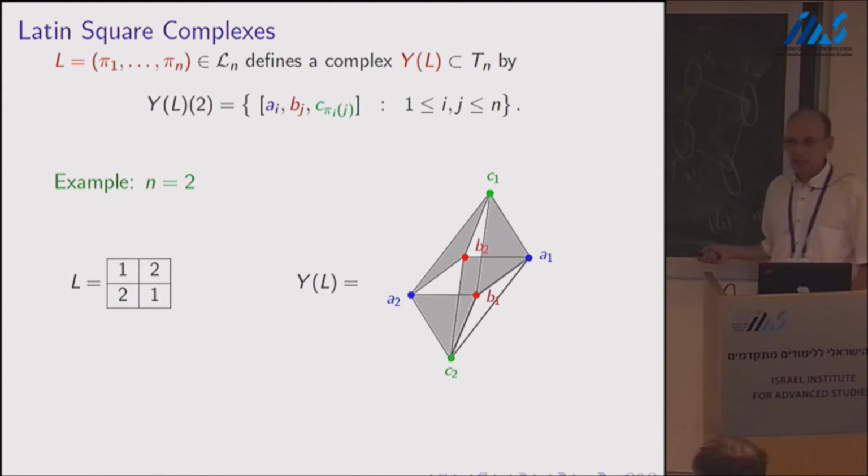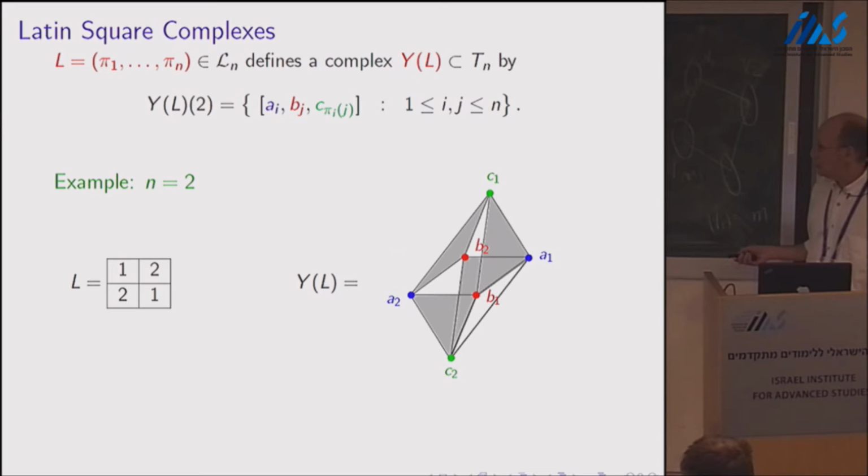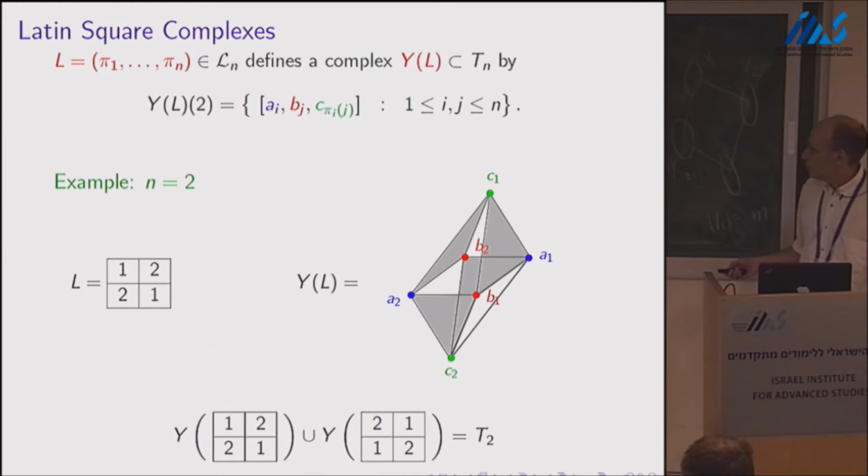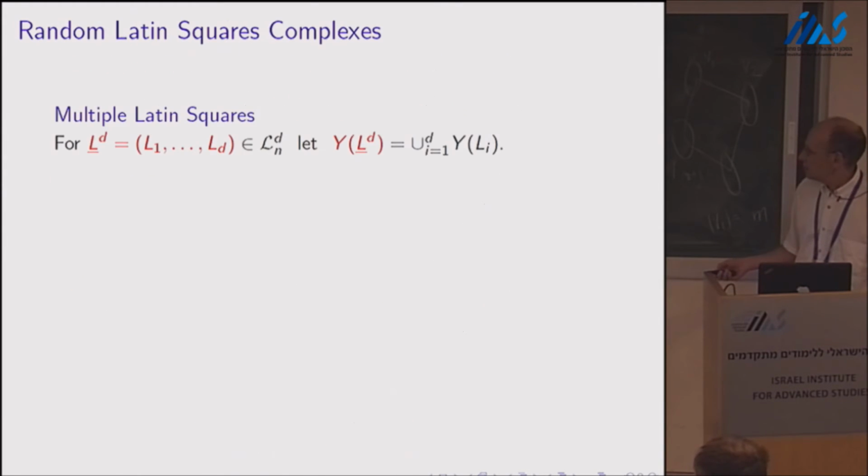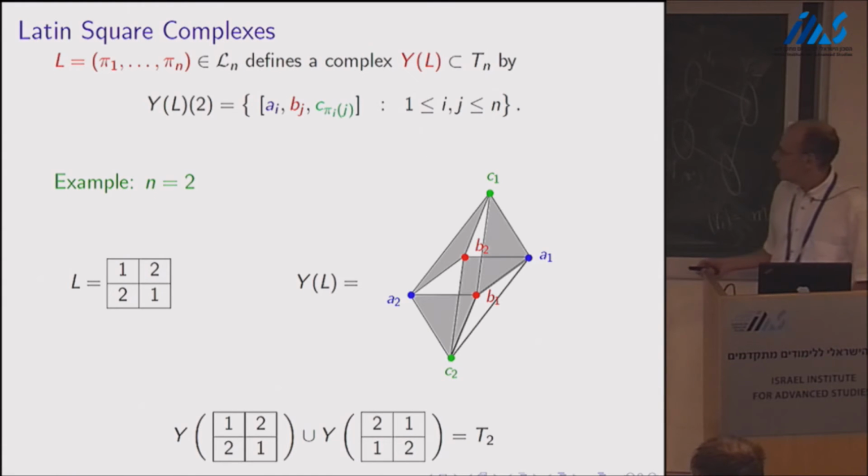If you take another Latin square, this is already getting interesting. If you take a union of this Latin square plus this Latin square, then already you get the full octahedral two-sphere, and this already has mildly interesting topology.